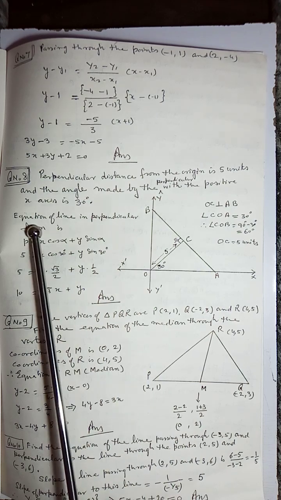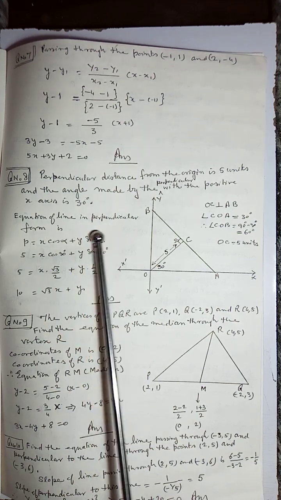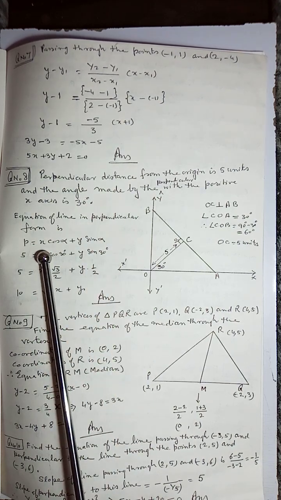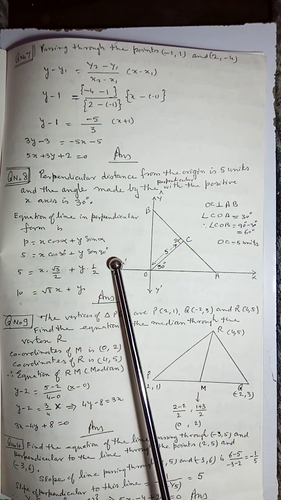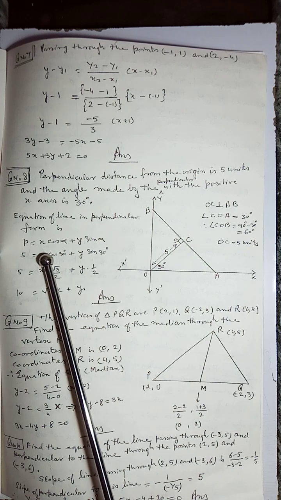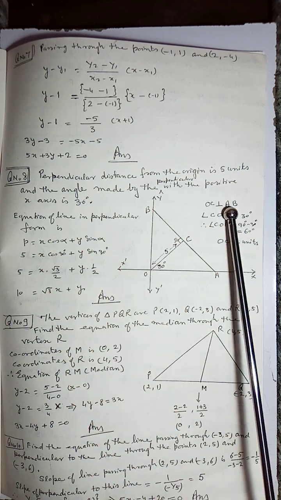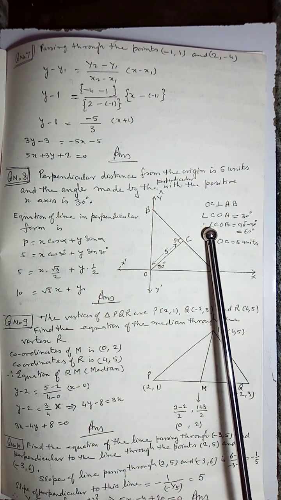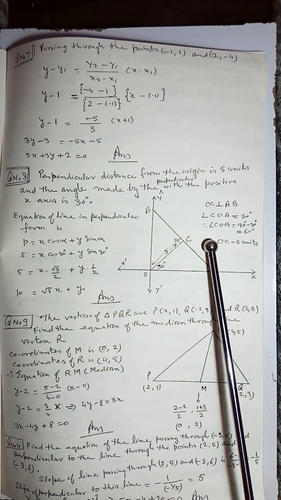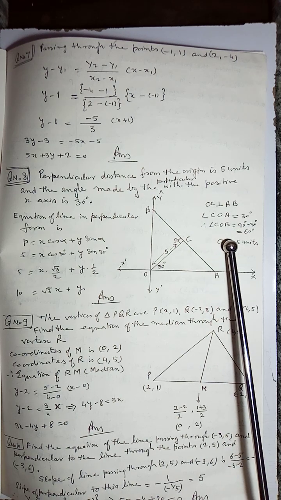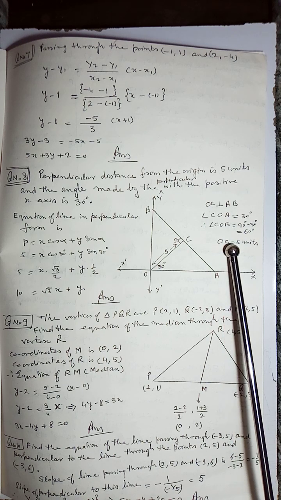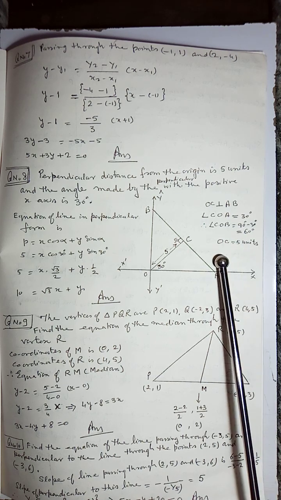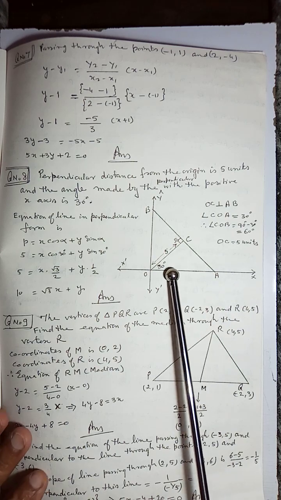Now you see, the equation of a line in the perpendicular form is p equals x cos alpha plus y sin alpha. Here OC is perpendicular to AB and the angle COA is 30 degrees. Therefore angle COB is equal to 60 degrees and OC is equal to 5 units, already described.